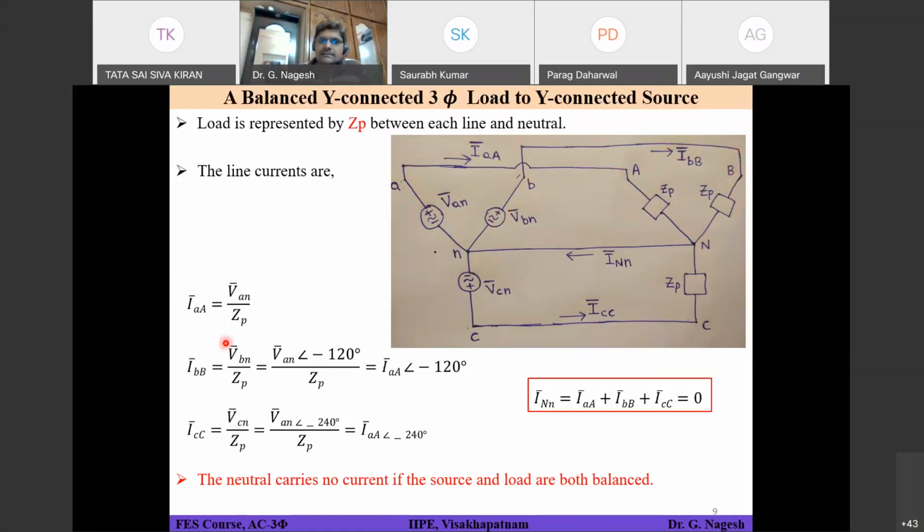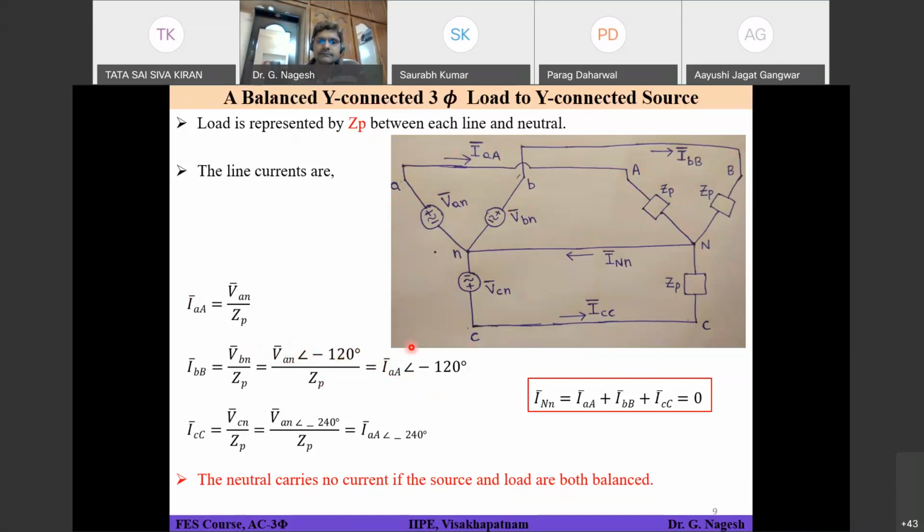How can I represent VBN? Since it's a balanced system, VBN can also be represented as VAN at an angle of minus 120, because only 120 degree phase difference exists between the voltages in a balanced system. So if I call VAN divided by ZP as IAA, then IBB is IAA at an angle of minus 120 degrees.